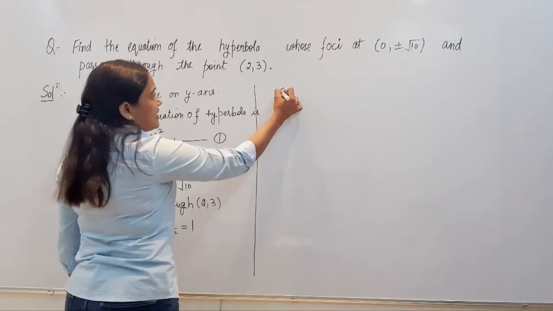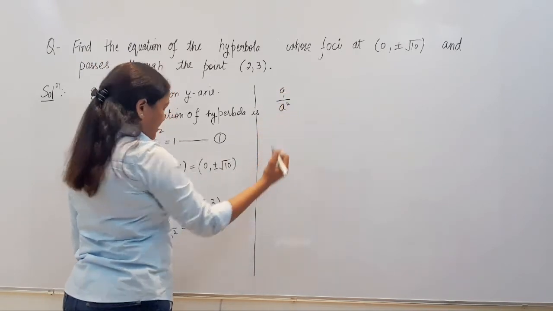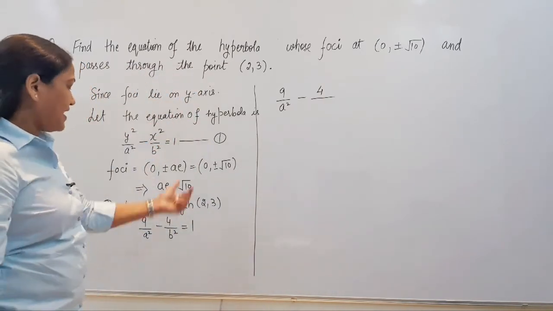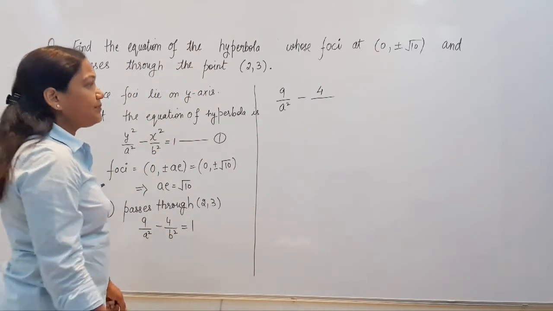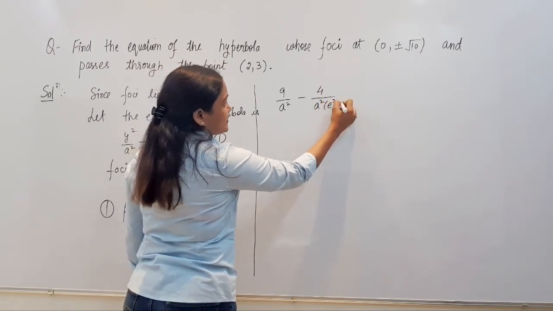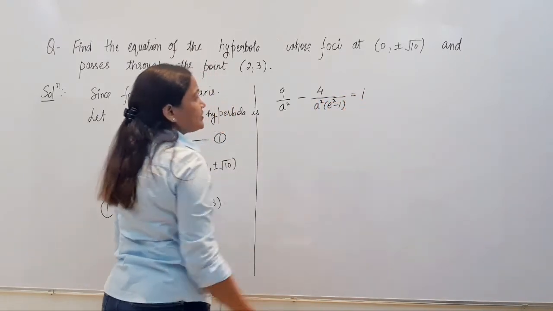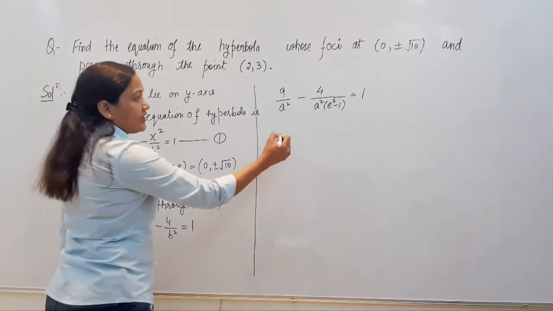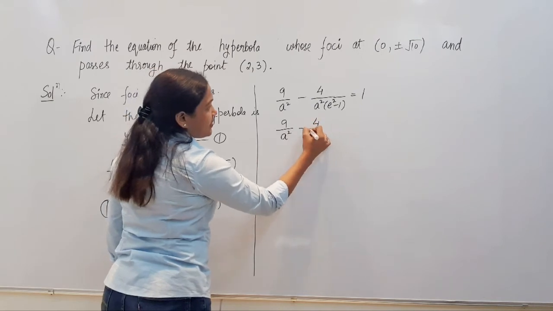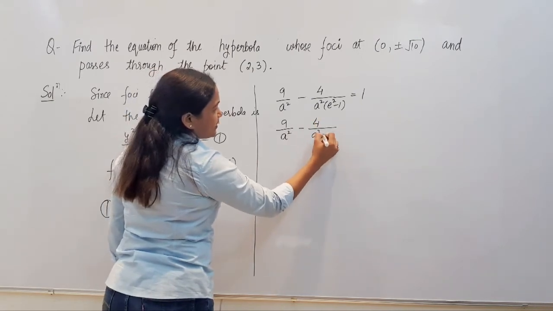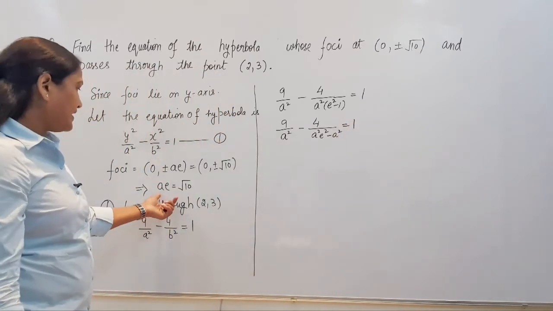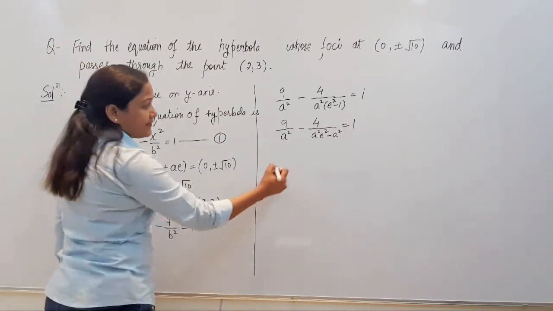Now 9 upon a square minus 4 upon b square. For a hyperbola, b square is equal to a square into e square minus 1, that is equal to 1. This will come out as 9 upon a square minus 4 upon a square e square minus a square is equal to 1, and a square e square is 10.